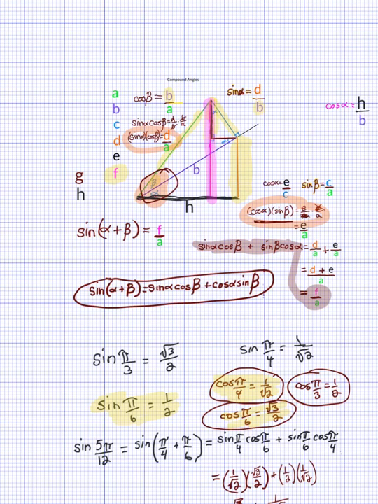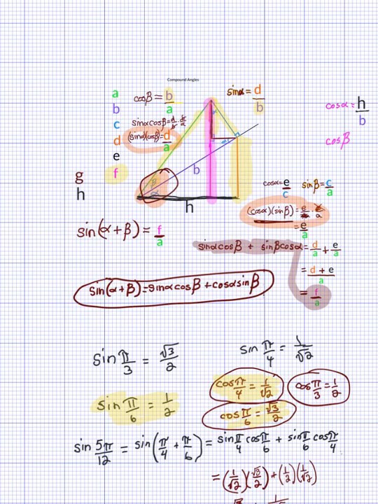All right, let me say the cosine of alpha. No, that's alpha. Cosine of beta. Now we're just looking at this triangle right here.